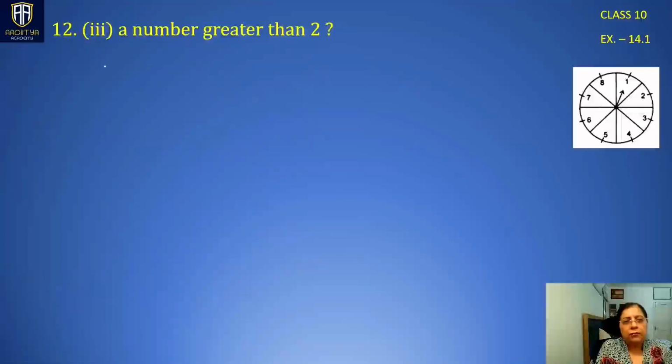Next we have a number greater than 2. 1, 2, 3, 4, 5, 6, 7, 8. So we have 8 possible outcomes and we require a number greater than 2. How many numbers are greater than 2? So we cannot include 2 here. 1, 2, 3, 4, 5, 6.